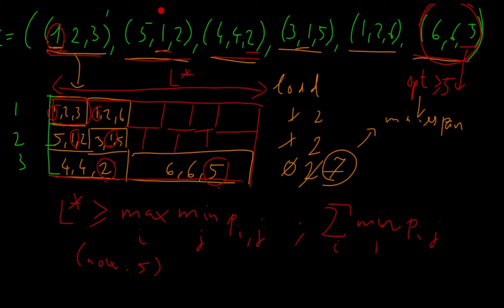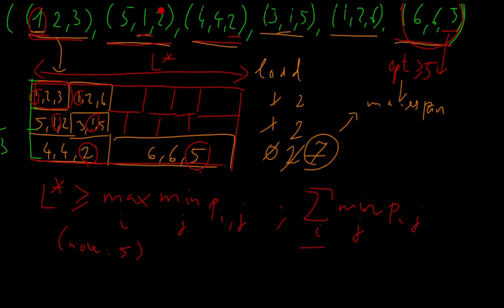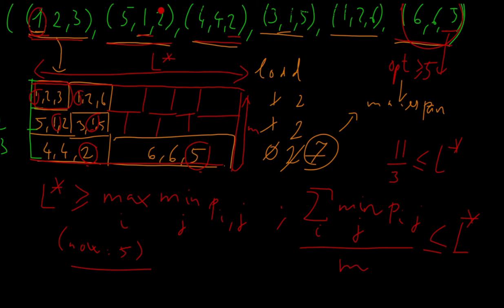For each job I take a rectangle with area at least the minimum of Bij, divided by m, because I can use m of these rectangles, so this is also a lower bound for the optimum. Here it is 11 divided by 3. Now here the 5 is a better lower bound, since this one is smaller than 4.